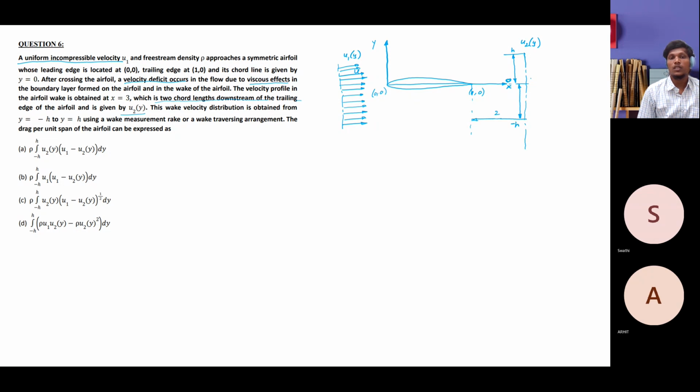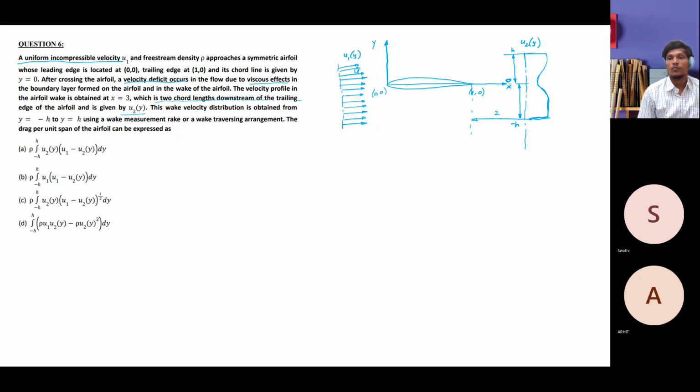So if you see this kind of profile, some kind of profile, I don't write the arrows, but assume the velocity deficit because of this friction effect or the viscous effect.